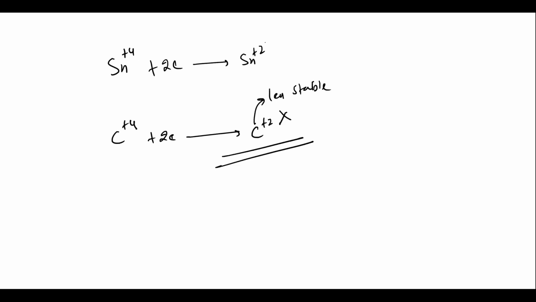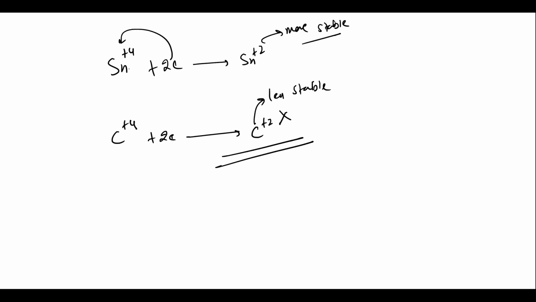In the case of tin, this will go to tin 2 positive because it is more stable. If the element is getting addition of electrons, it is called reduction.